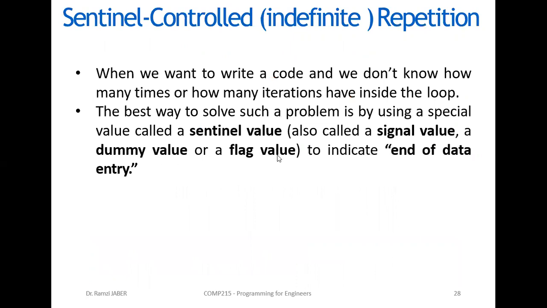All of these indicate the end of data entry. This value means I want to terminate my loop right now. The user will enter this to terminate. It's not a determined loop, it's an undetermined loop, so we don't know the number of loops.